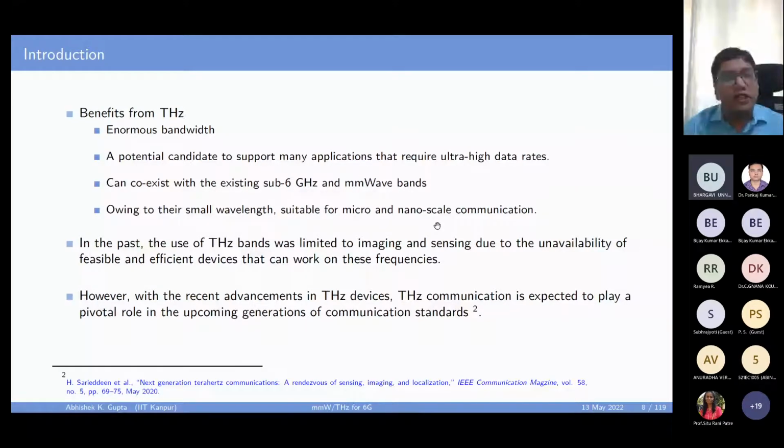Terahertz also had the same problem as millimeter wave because they lie in similar bands. But with recent advancements in device technologies and other commercial technologies, we can expect terahertz to play a pivotal role in the upcoming generation of communication standards.